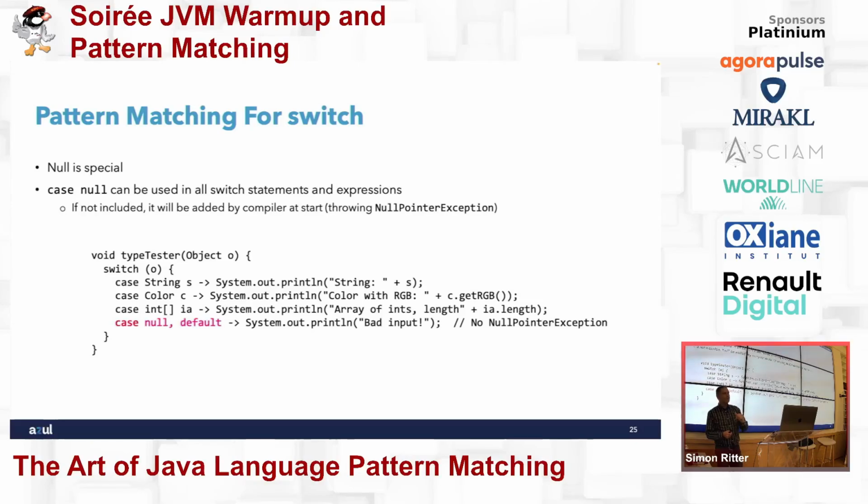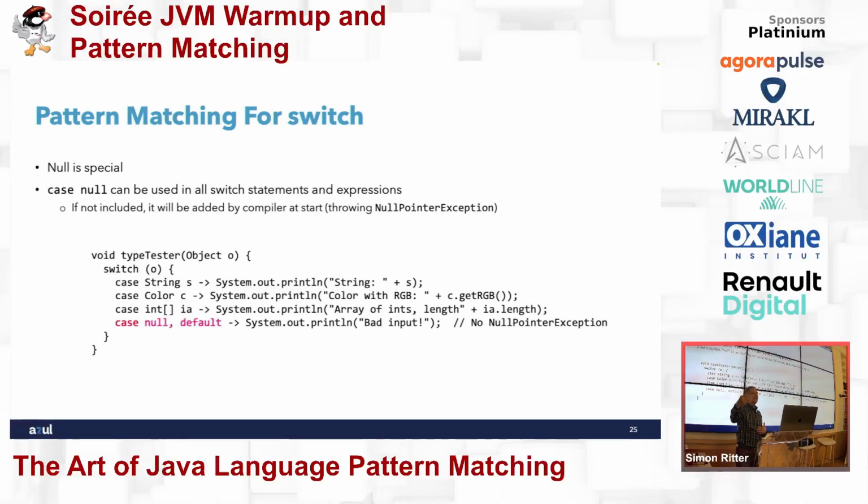And so we can say, okay, print out bad input, and we can avoid the null pointer exception. I think that's a really good thing. So that kind of tidies up code quite nicely, because before, we would often have to put an explicit if statement outside of the switch to catch the null before we passed it in.